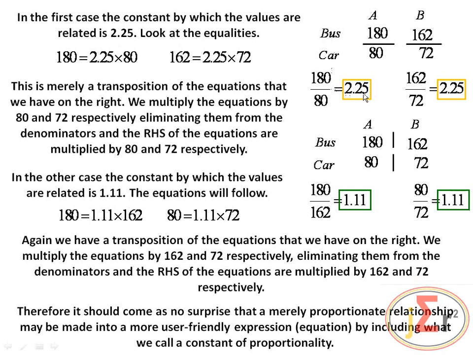Therefore, we will make use of the fact that this 2.25 is a constant, and all that we need to do is transpose this equation that we have right here, eliminating the denominator, and we have these arithmetic expressions that we have right here on the left, in which case we have each one being multiplied by the constant of proportionality, and that we will make further use of in this tutorial.